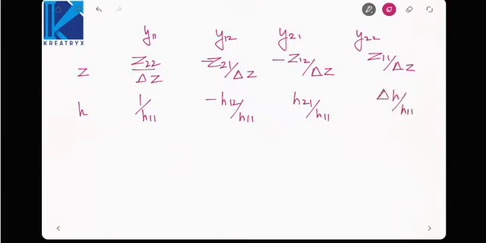Delta H is determinant of the H matrix. In terms of G, it should be delta G by G22. This should be plus G21. This should be plus G12 by G22.